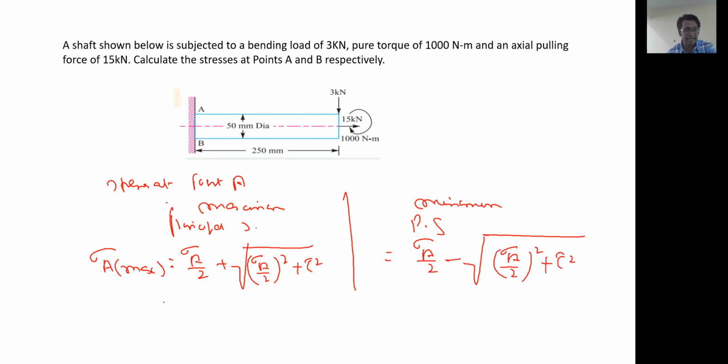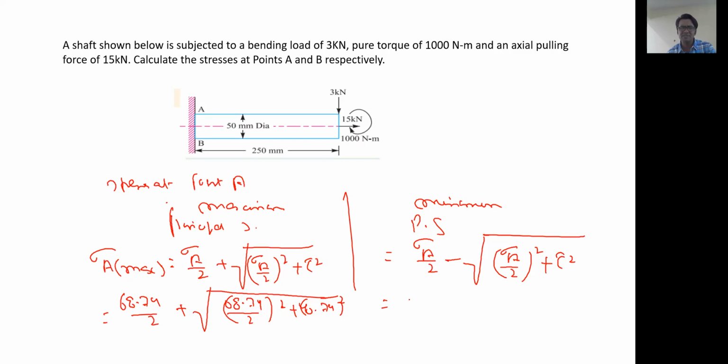Okay, and we have seen that sigma A value is 68.74 by 2 plus square root of 68.74 by 2 the whole square plus 40.74 the whole square, as we have found out in the form of the axial, bending and shear stresses.